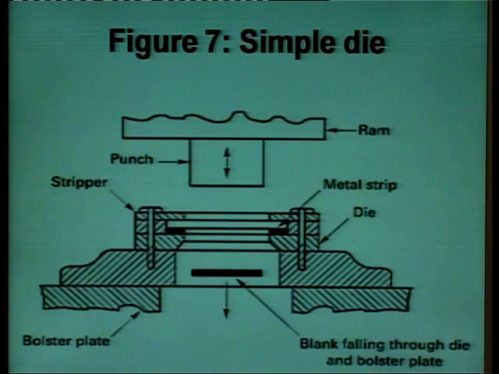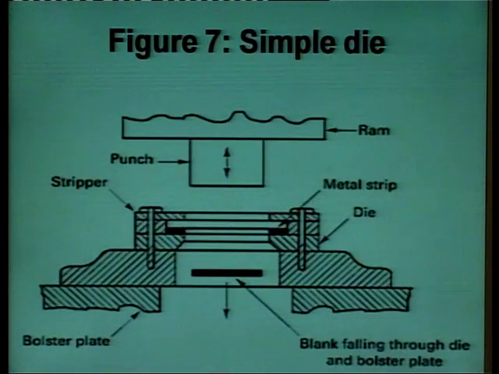On the top is the ram, to which the punch is attached, and the punch moves up and down. To the die is held the metal strip which is to be cut, and on top of the strip is a stripper, used for guiding the punch.